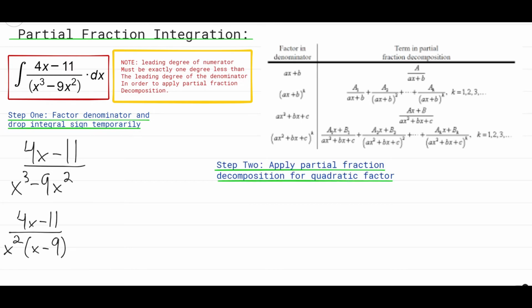So now for step 2, I'm going to apply partial fraction decomposition. And keep in mind this is a repeating factor. So I'm going to follow this second one right here because it's repeating. What I mean by that is, right here, 4x minus 11 divided by x squared times x minus 9.